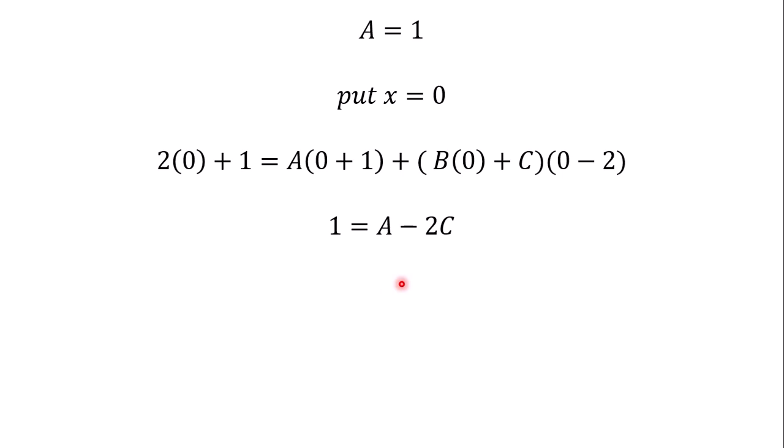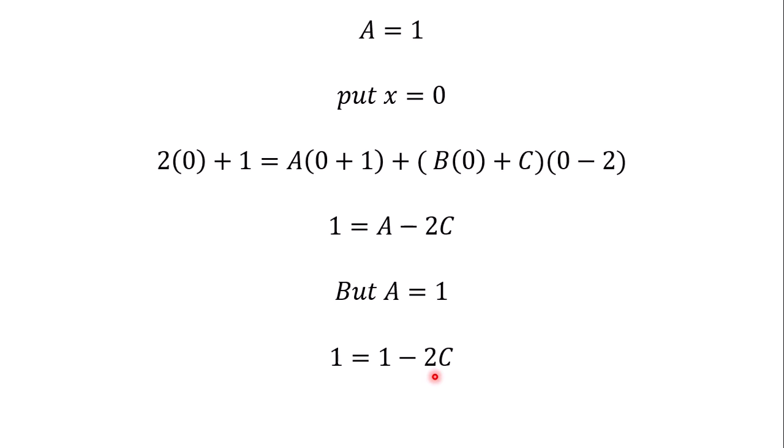But here we can find the value of c because we know that a is equal to 1. So let's replace a with 1. You get 1 is equal to 1 minus 2c.